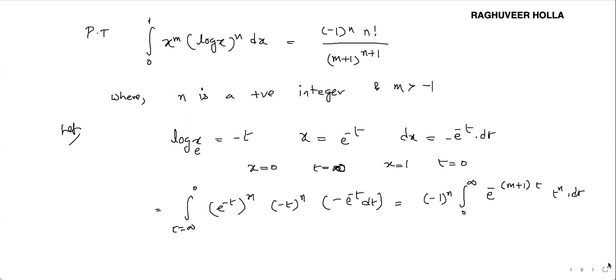Okay, and then which is equal to minus 1 to the power of n, integral 0 to infinity e to the power of minus (m plus 1) into t, t to the power of (n plus 1) minus 1 dt. Okay.